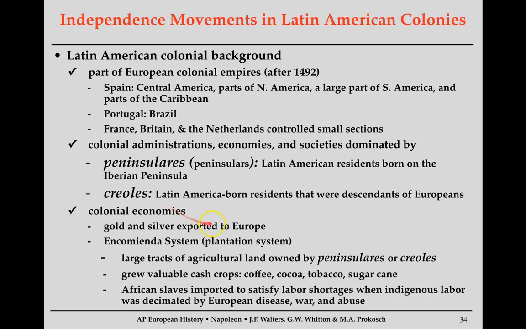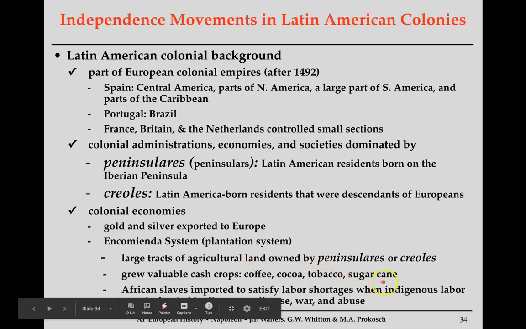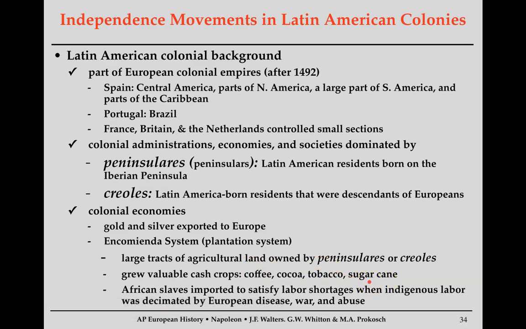All right, so why, of course, was Europe there? We know it. Gold, silver, God, glory, gold. How did Europeans, really the Spanish and the Portuguese, control their pieces of land? So they used something called the encomienda system, their plantation system, that was predominantly used on sugar plantations, coffee, cocoa, tobacco, but sugar cane was the most profitable of these cash crops.